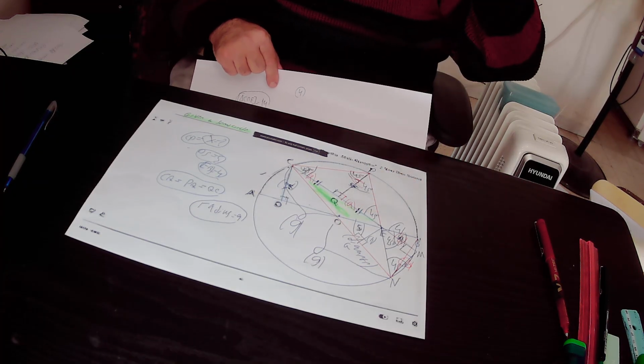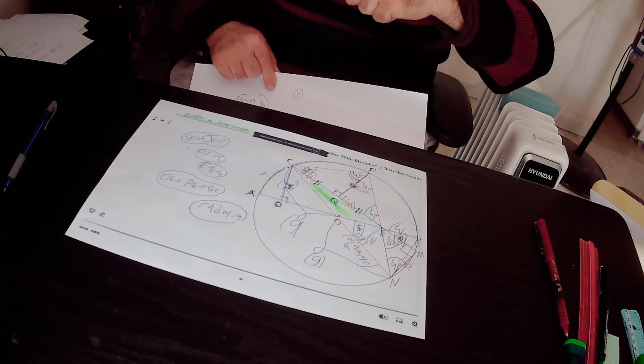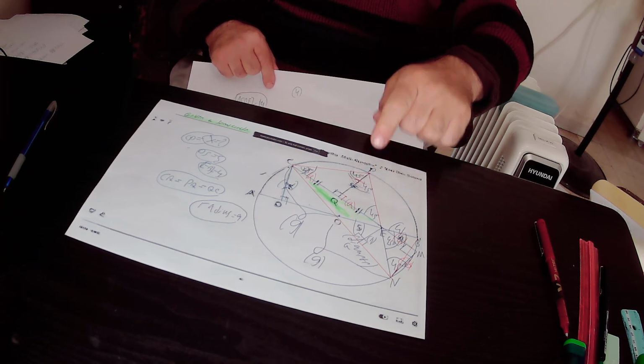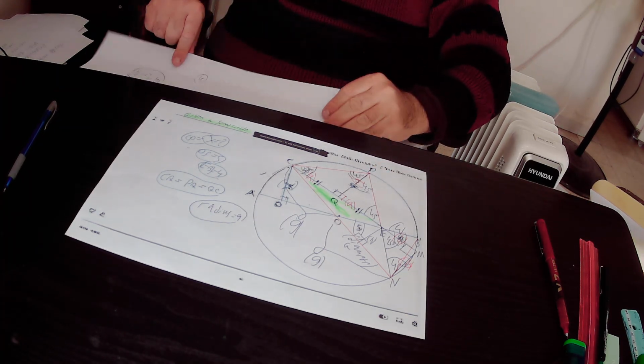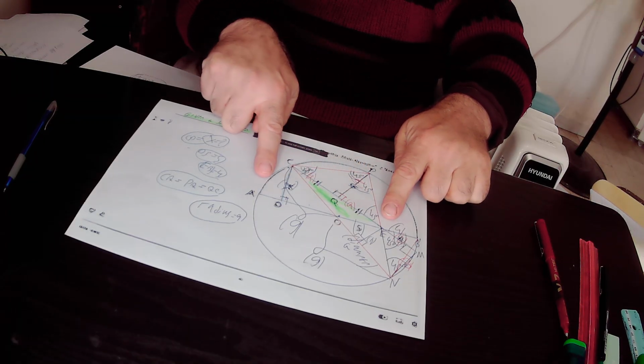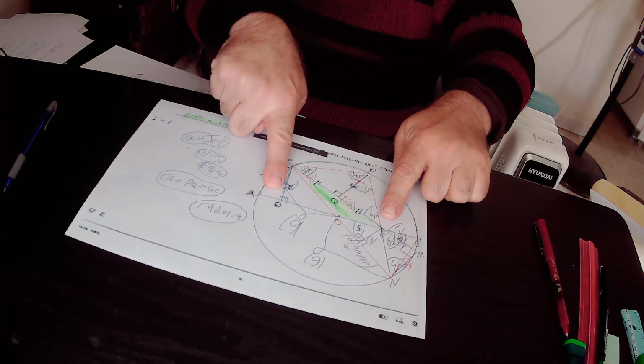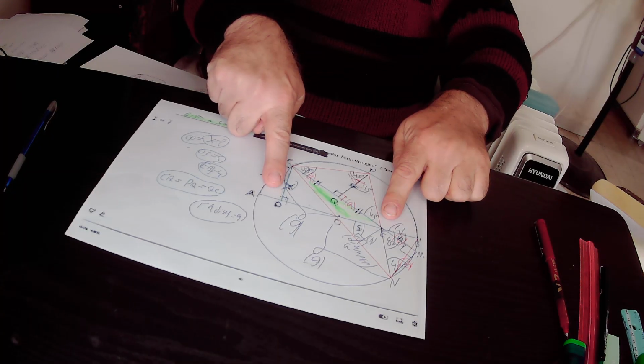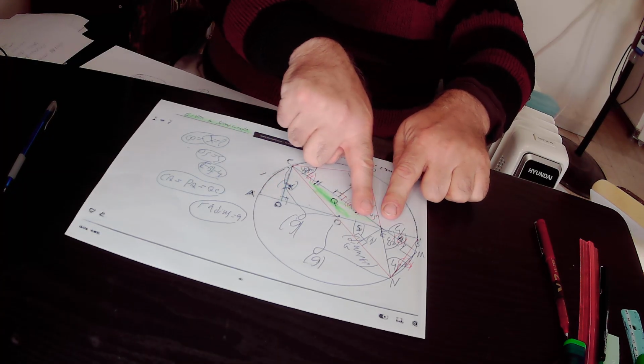The height to the base must create 90 degrees with the extended base. The extended base EO is ED, or we can also say it is EA.